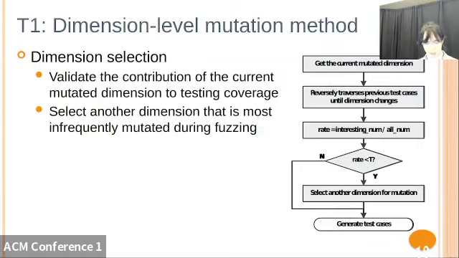To select a proper dimension for input mutation, our method validates the contribution of the current mutated dimension to testing coverage. If the contribution is large enough, our method still selects the current dimension for subsequent mutations. Otherwise, our method selects another dimension that is most infrequently mutated during fuzzing to perform subsequent mutations.